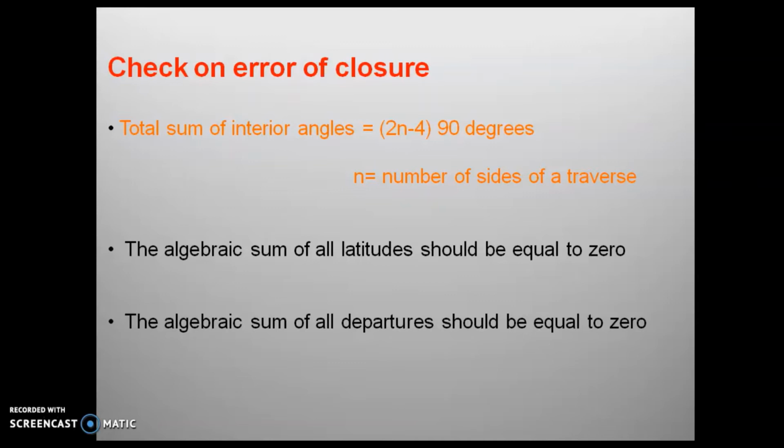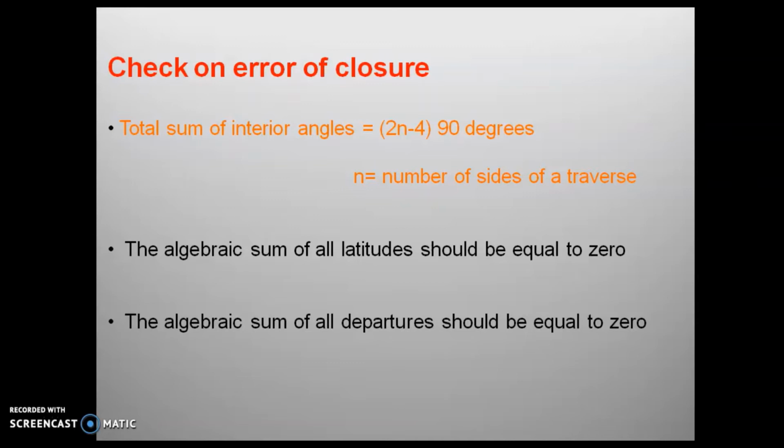Similarly, for departures, easting is positive and westing is negative. If you sum them all, and the sum of D equals 0 and the sum of L equals 0, then it is not affected by any error.